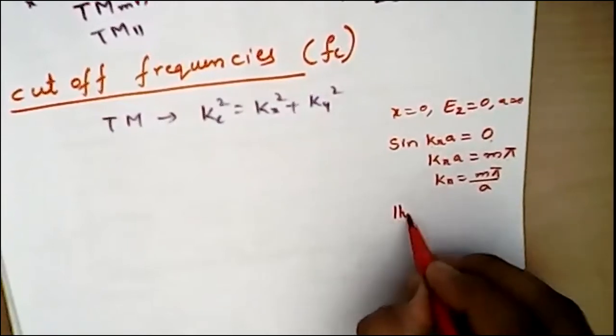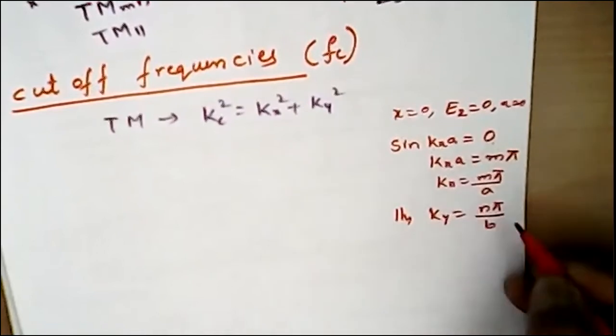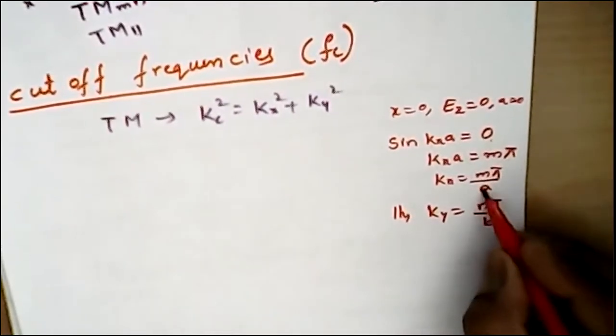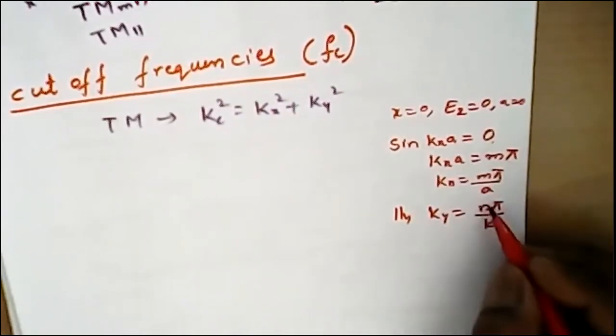Similarly, we have worked out ky equal to n pi by b, where a and b are the dimensions of the rectangular waveguide, and m and n are the modes of propagation.